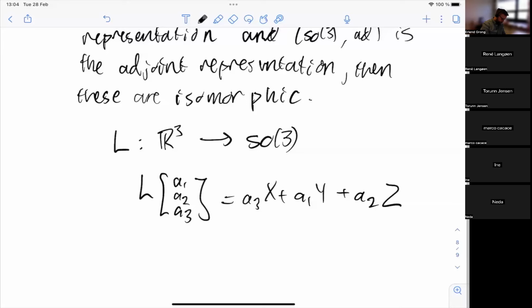Okay, and then we quickly have a theorem with the same proof as earlier.